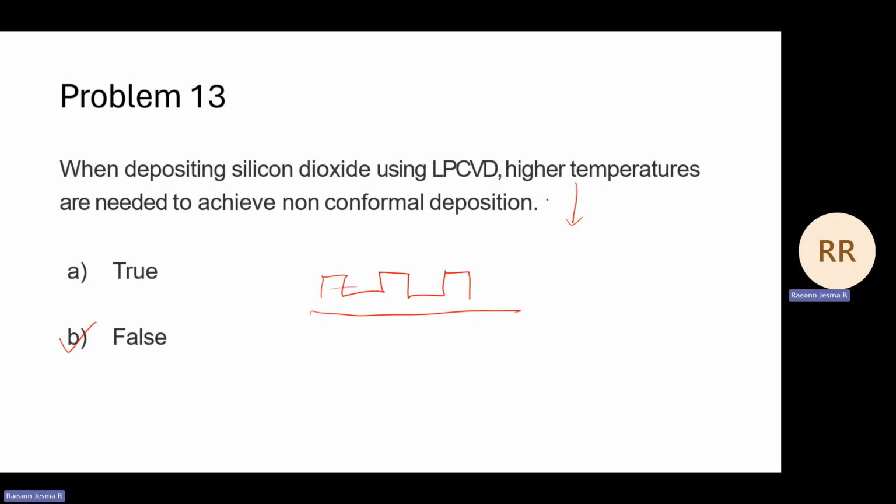So higher temperature is not required to get a conformal deposition. Only if you have non-uniform temperature will you get non-conformal deposition. Along the wafer, at every surface, the temperature should be the same.